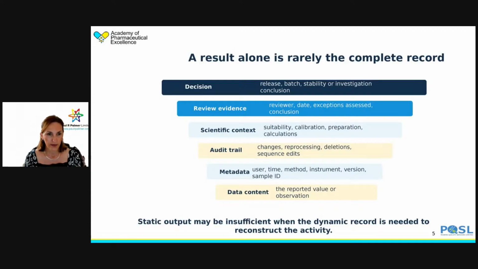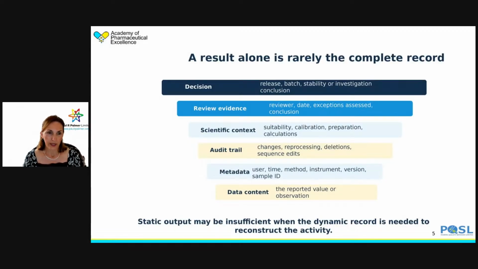So the surrounding information is very important, and it's called the metadata. Then we have the audit trail, which may show the method changes. It can show the reprocessing, the sequence edits, or even the attempts to delete or any other user actions.